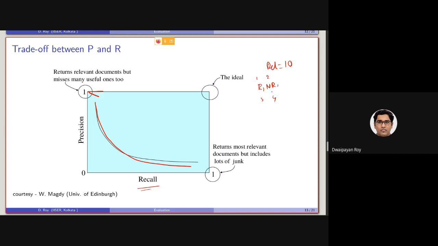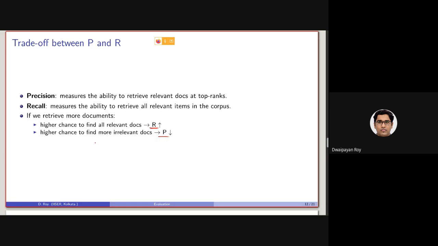Every time a relevant document is retrieved, the recall is increasing. But as it is also retrieving a non-relevant document, the precision is decreasing. That's why if we retrieve more documents, the recall will be increasing and the precision will be decreasing.